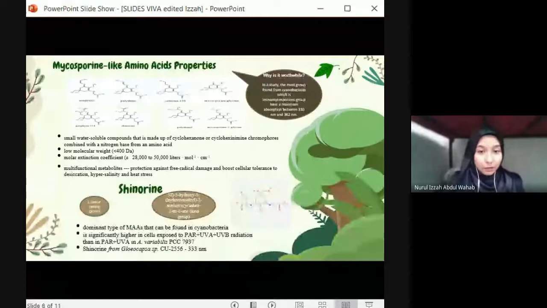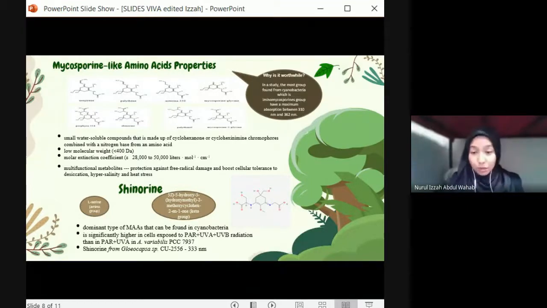And they possess a very high molar extinction coefficient, which is the measurement of how strongly it can absorb light. As you can see, it is 28,000 to 50,000 liters per mole per centimeter. So these MAA compounds are able to absorb UV radiation at different maximum absorption ranges, depending on their structure and characteristics. They will absorb the radiation and dissipate it in the form of heat energy.